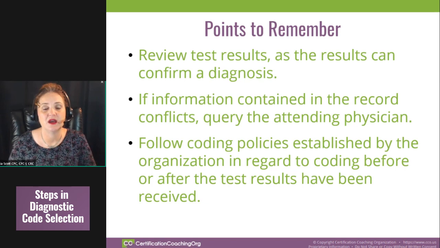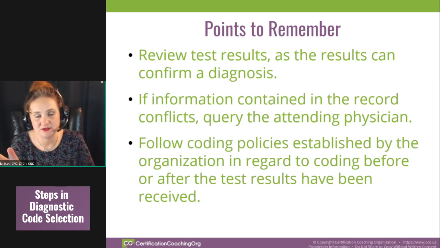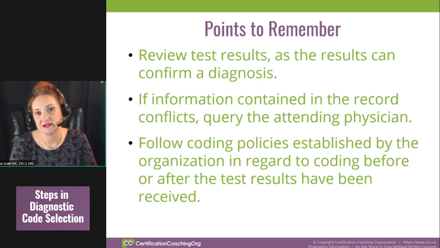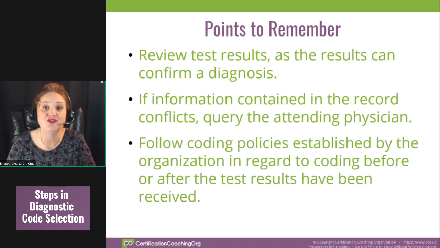No, you can't do that. We're not going to get into the details about query because you'll learn about that later, but we can't lead that provider or tell them, hey, by the way, type 1 diabetes pays out more than type 2. You sure they don't have type 1 diabetes? Again, you can't do that. It's not about money, it's about statistics and coding to the highest specificity.